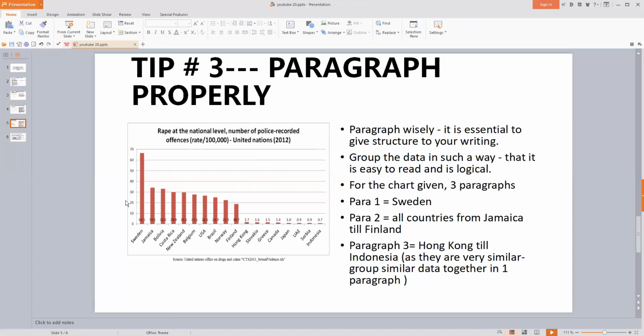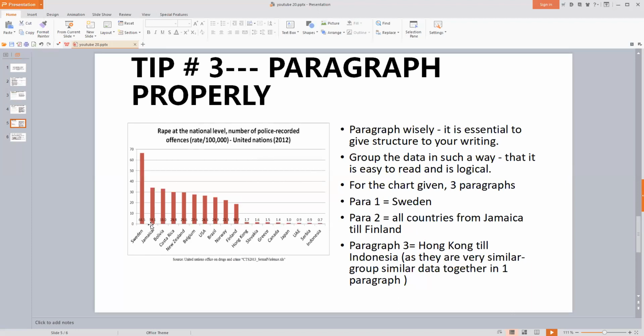Look here, because this is the easiest to see: the rape rate at the national level, the number of cases in these countries, was very low from Hong Kong to Indonesia. 1.7, 1.6, 1.5, 1.4, 1, 0.9, 0.9, 0.7. So they are very similar, and what is similar is that the number of police recorded offenses in these countries from Hong Kong to Indonesia is very low.